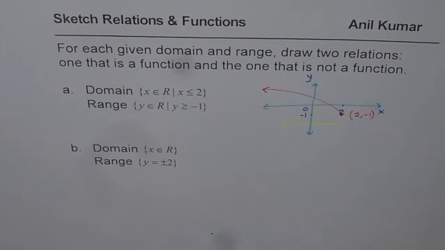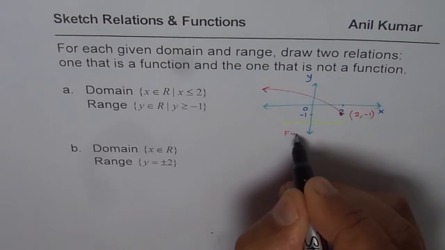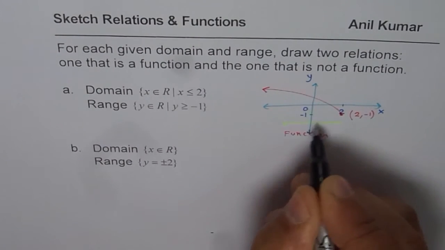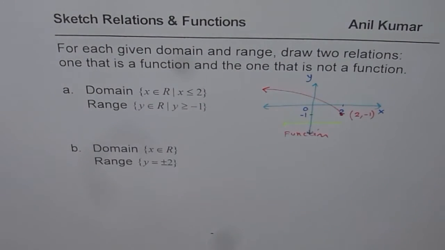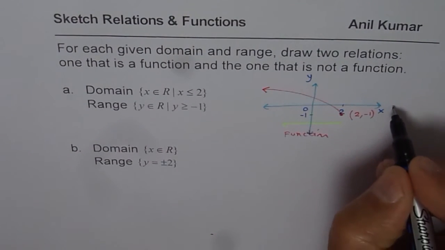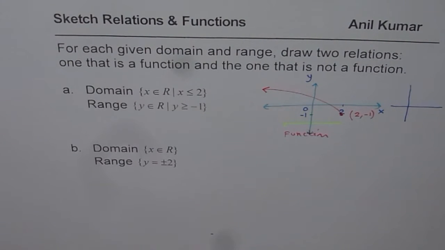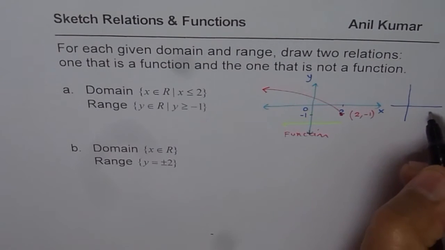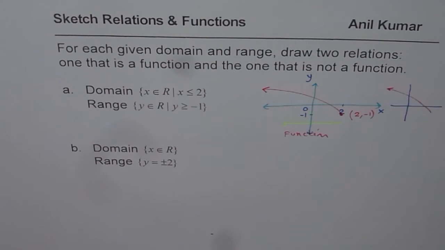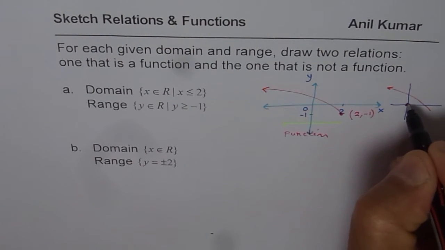Now, how to draw a relation which is not a function? And this is what we say is also a function, right? Since it passed the vertical line test. So what we can do here is we can just modify it a bit. So I'm just making a small one here. Similar thing, let's say like this. And since I want to make this relation not a function, what I will do is I'll add some point here.